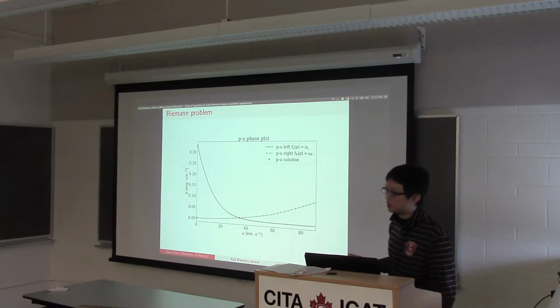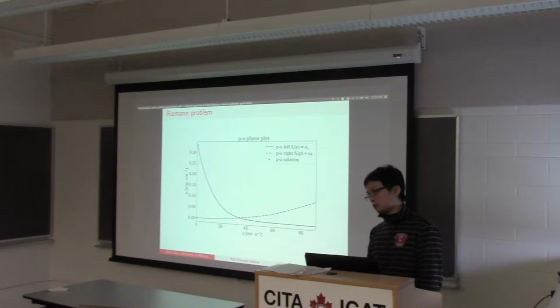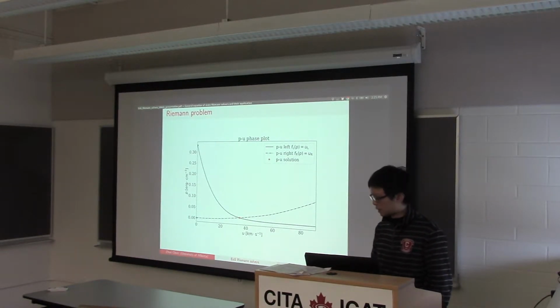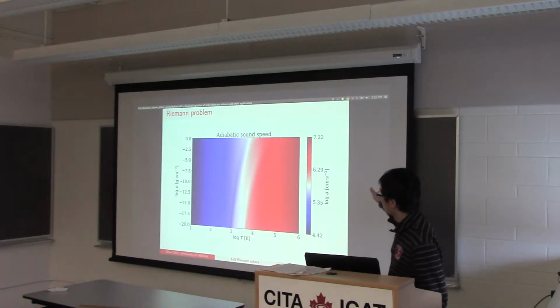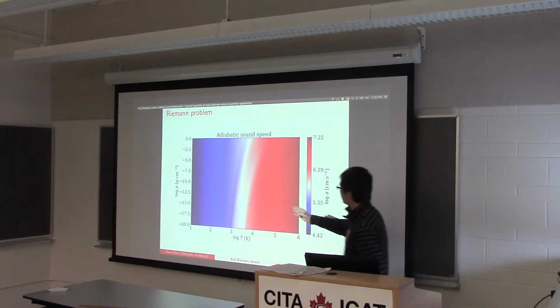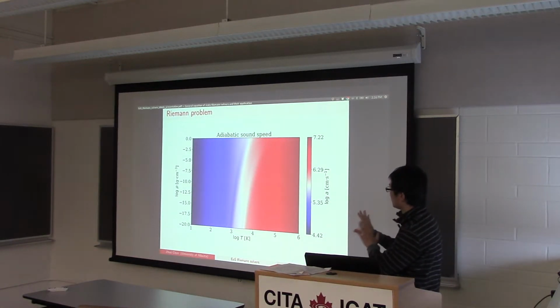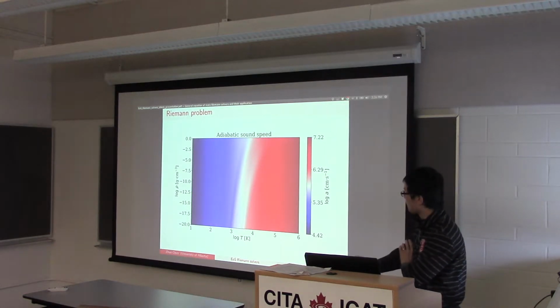You can interpolate a table to find the relation between pressure, density, and specific internal energy, or sound speed. Like this, you interpolate the table. But the table could be very, very large because the transition there is very sharp. You need to put a lot of density resolution there to get an accurate number.